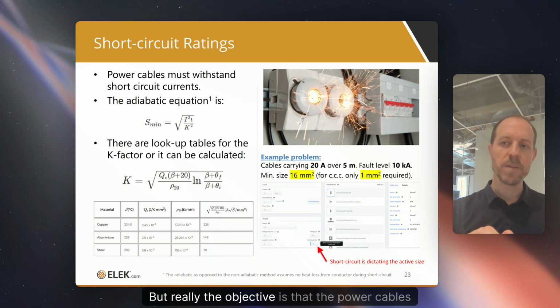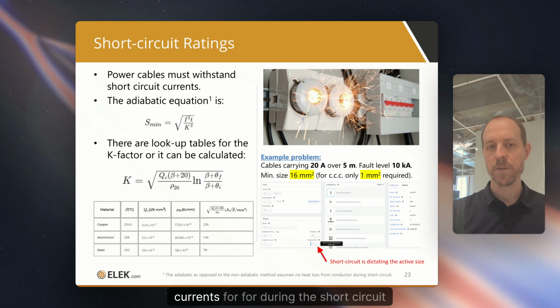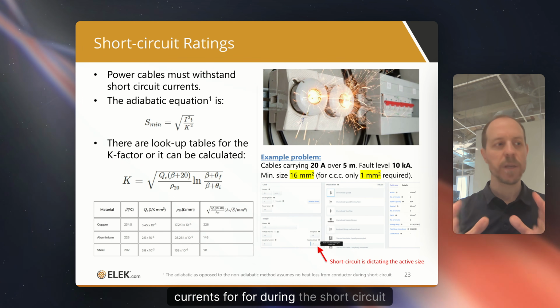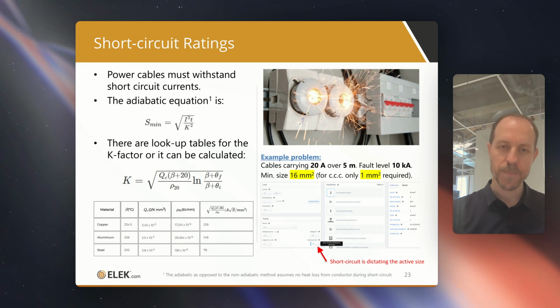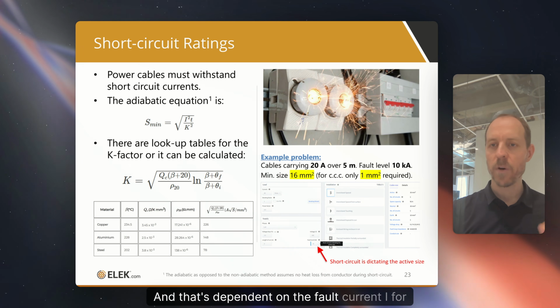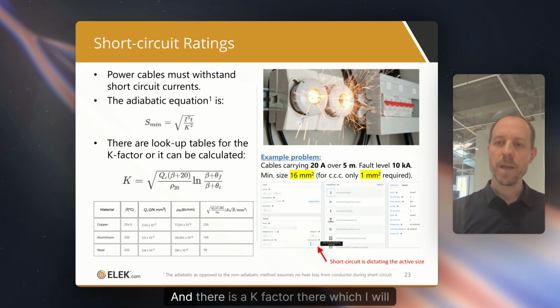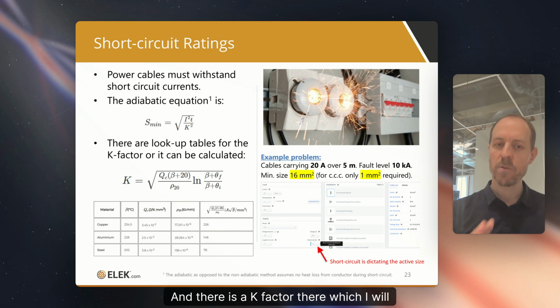But really the objective is that the power cables should be able to withstand the short circuit currents during the short circuit conditions. So the adiabatic equation is used, it's shown here, and that's dependent on the fault current I for the fault clearing time T, and there is a K factor there, which I will explain.